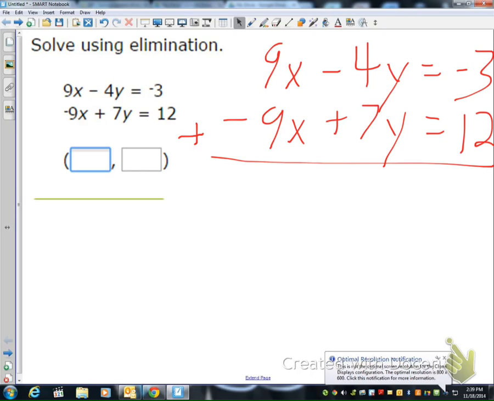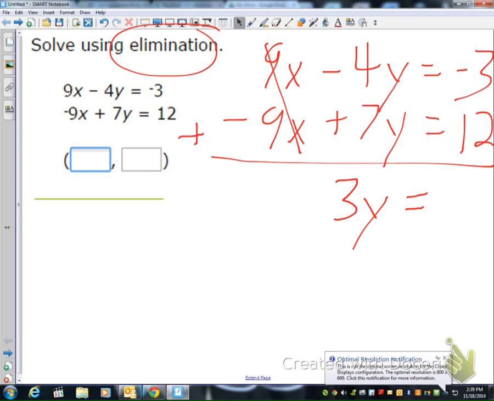Now, the advantage is, of course, that 9x minus 9x is 0x, which is just 0. So we can simply eliminate, thus the elimination method, the x term, which leaves me with a y term and a constant. So negative 4y plus 7y is 3y.